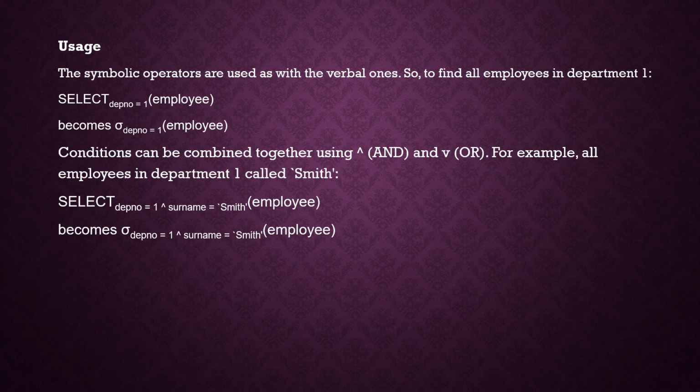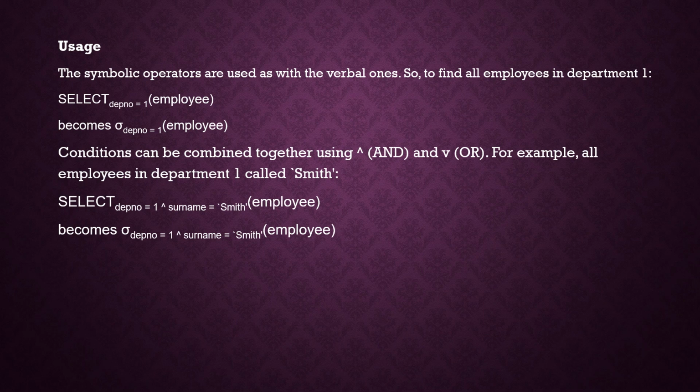Next, conditions can be combined together using AND, and that particular symbol is called the caret symbol, cap, small cap, or to the power of something. And V represents OR, which is the upside-down symbol of the AND.